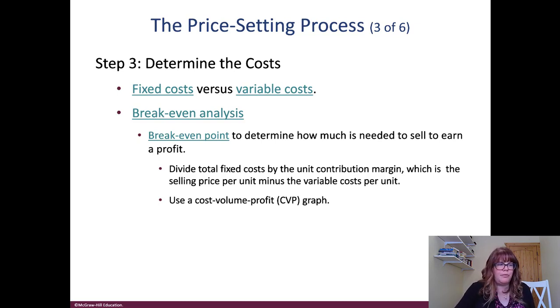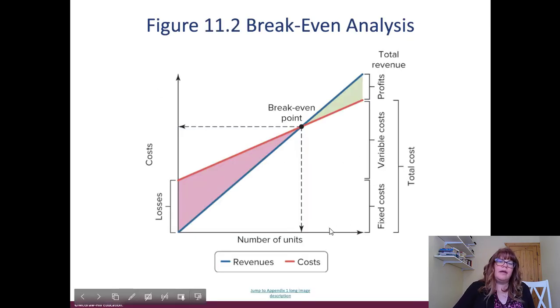Specifically, the break-even point is the point at which the cost of producing a product equals the revenue made from selling the product. And here is an example of the cost value graph I was just talking about for the break-even analysis.